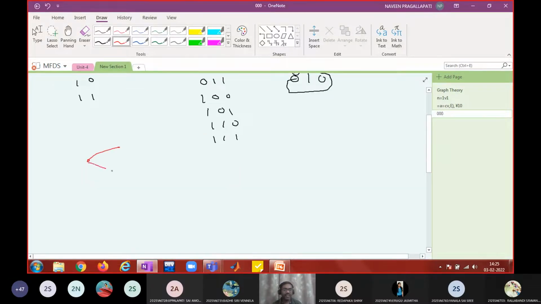If this is a graph like this, let us say this is V1, V2, V3, V4.